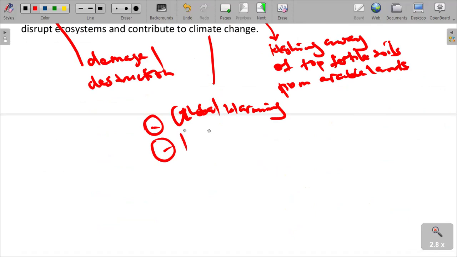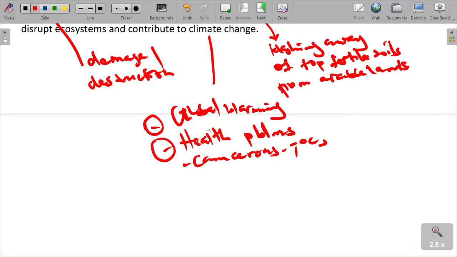We have health problems that come as a result of global warming, such as cancerous diseases caused by very high temperatures experienced in various places. Climate change also results in desertification. All these are problems caused by resource exploitation.